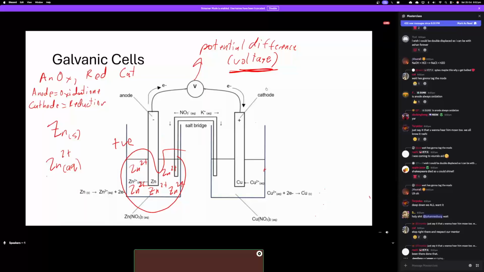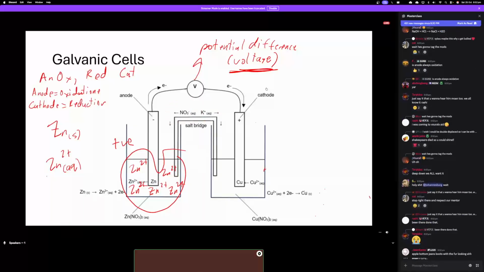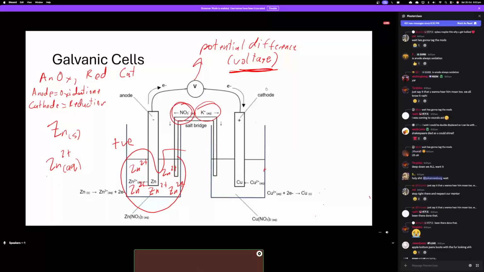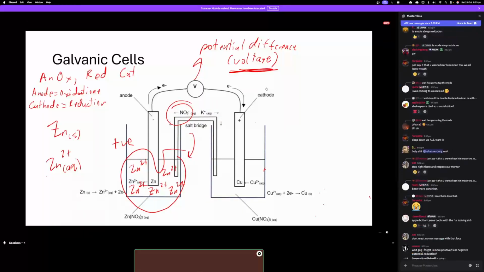So what we can do is we have a salt bridge. The salt bridge is made of a negative ion and a positive ion, so a cation and an anion, right? The anion will slowly travel towards the positive solution, in this case Zn2+. It will travel to Zn2+, and it will neutralize it.